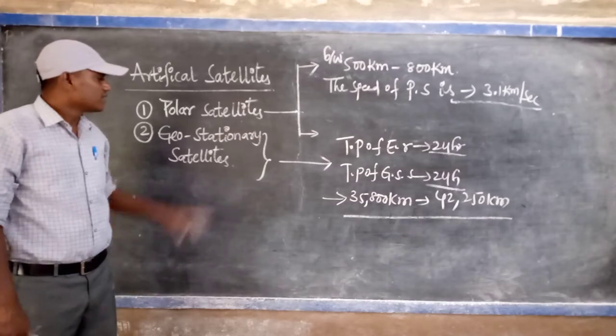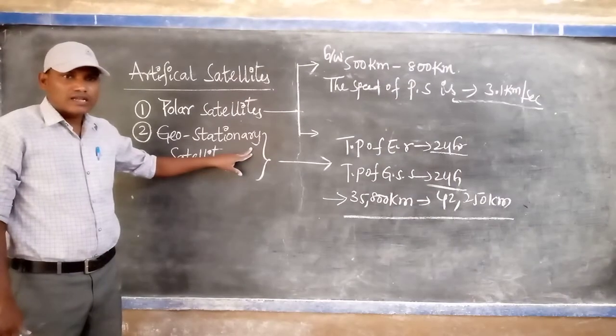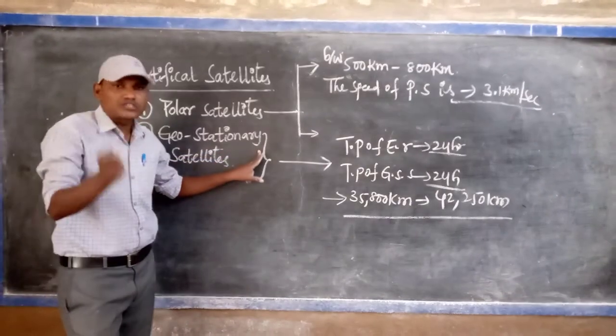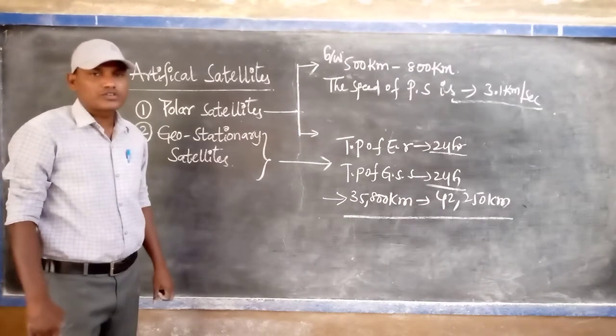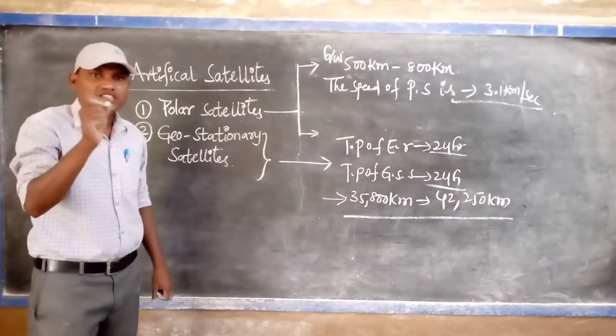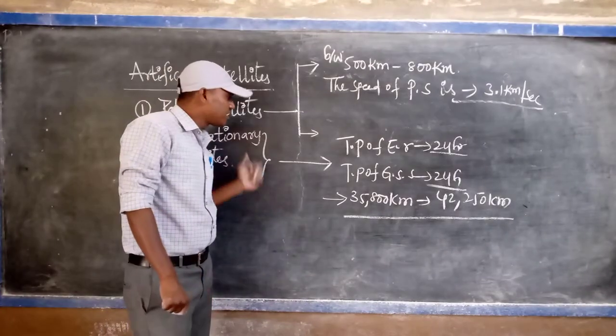Geostationary satellite: the satellites whose time period of revolution is nearly equal to the time period of earth's rotation around its axis are called geostationary satellites.